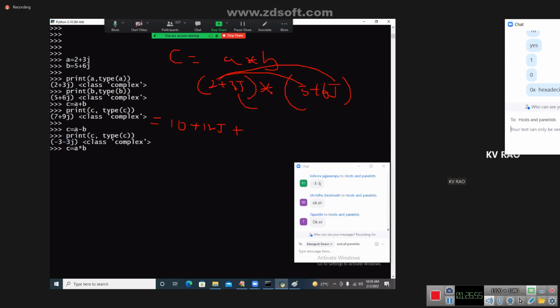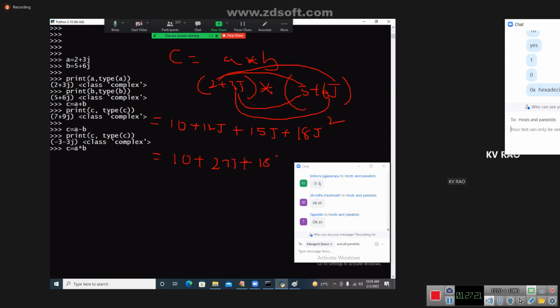Plus again 3j: you need to multiply 3j into 5, which is 15j, plus 3j into 6j, which is 18j square. That is equal to 10 plus 12j plus 15j, which is 27j, plus what?